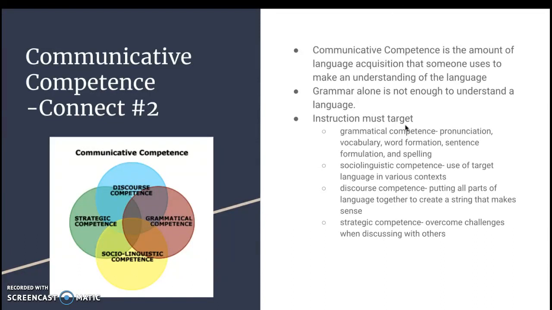Next is communicative competence. This is the amount of language acquisition that someone uses to make an understanding of the language. It's important to know that grammar alone is not enough to learn a language. We need to be thinking about grammar, as well as where they're using the language, talking with one another, and overcoming challenges.